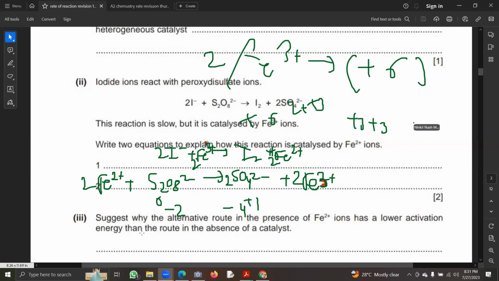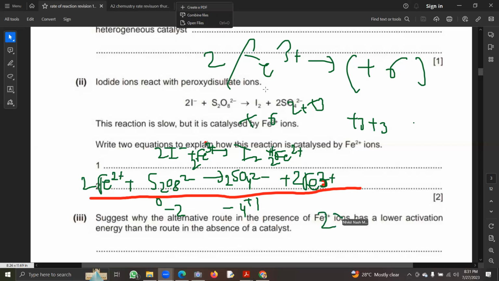Okay. Now draw the overall one, whether we have done it properly. Yes, done properly. So in the product side, it's going to be -4 plus 6 to give +2. Right hand side also -4 plus 6. Both sides +2.